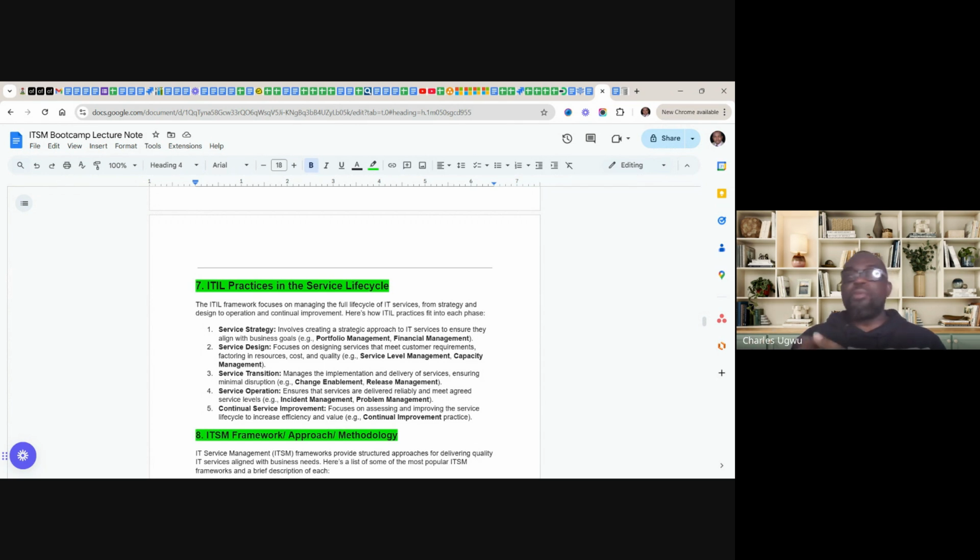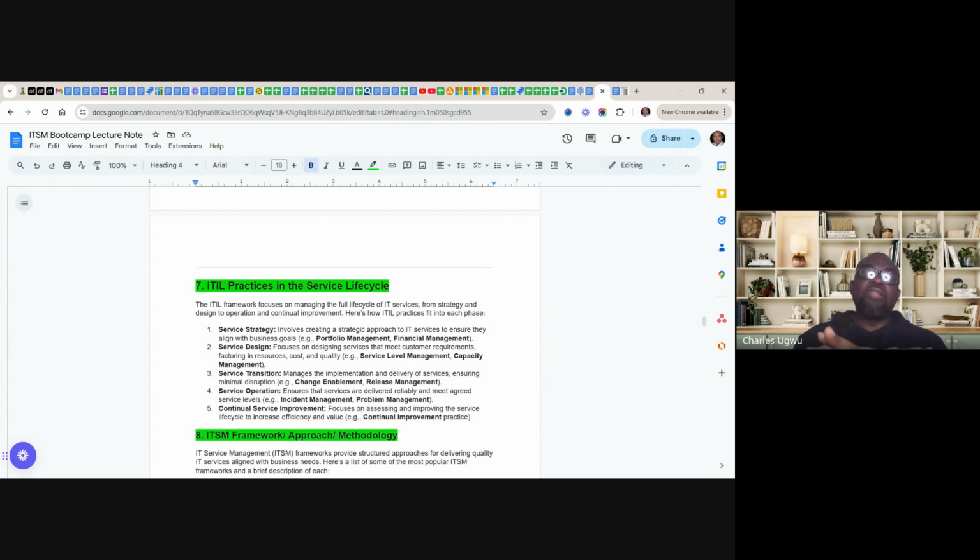It's a continuous process. The only time the life cycle ends is when that application reaches what we call end of life. You know, that is when the application is no longer needed in the organization. Maybe they are migrating to another application. That's when that application comes to the end of life.